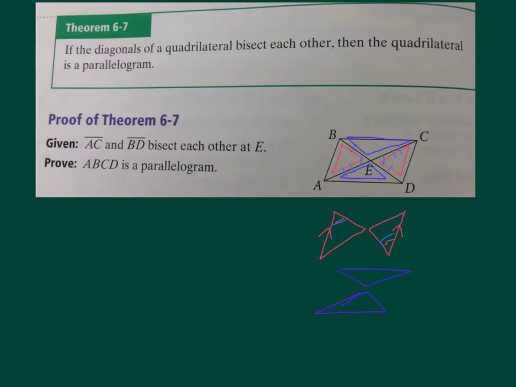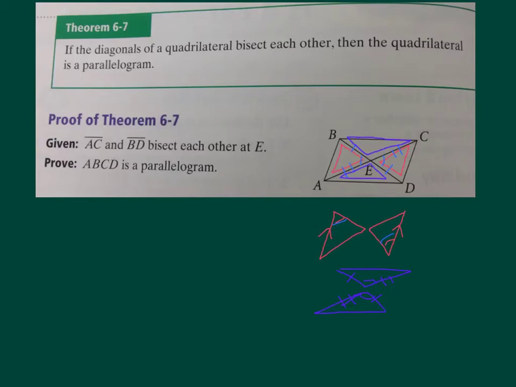Now I use the exact same argument on the purple triangles. This side is congruent to this side by definition of bisector. That's congruent to that by definition of bisector. Your angles in the middle are congruent by VAT. Triangles are congruent by SAS.